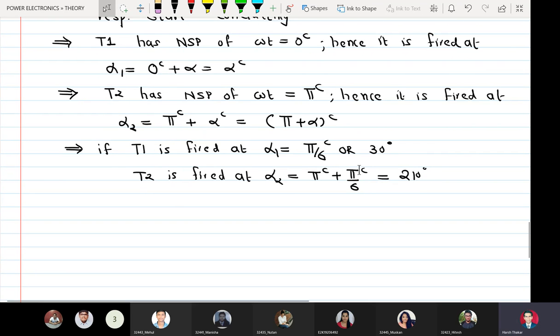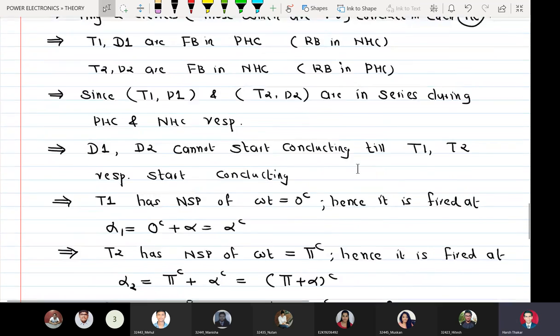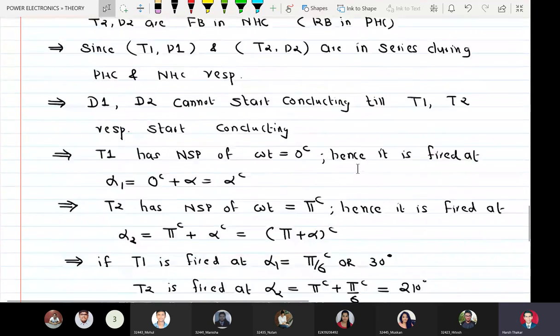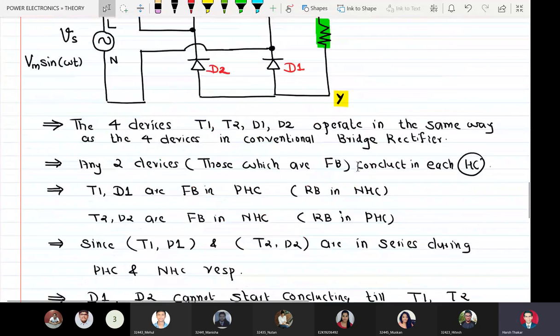So you can extend this discussion by taking different values of alpha: 60 degrees, 90 degrees, 120, 150, anything you want. So it's very simple.